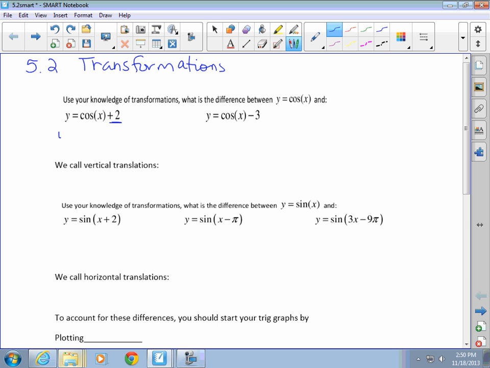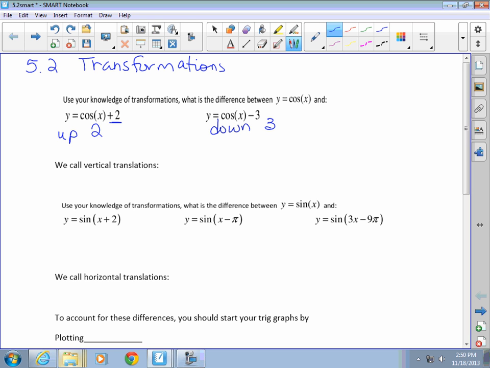This still means that you are going to shift this up 2. It's outside your bracket, it's not inside with the x, so we know that that means it's going to be affecting the y value. So that means y is equal to cos x minus 3. You shift your function down 3.